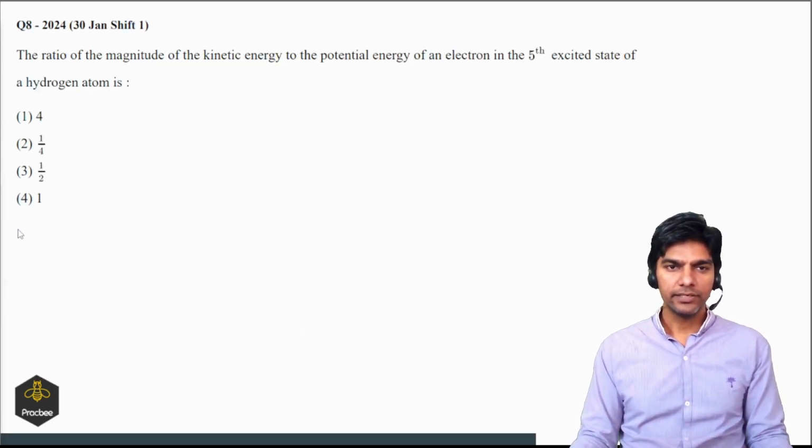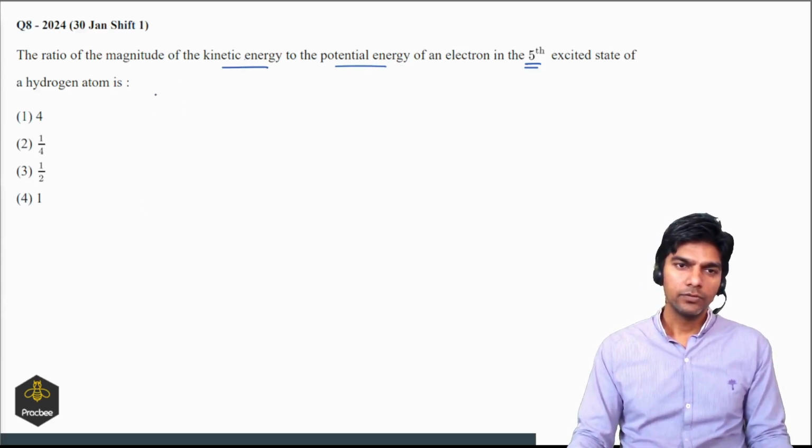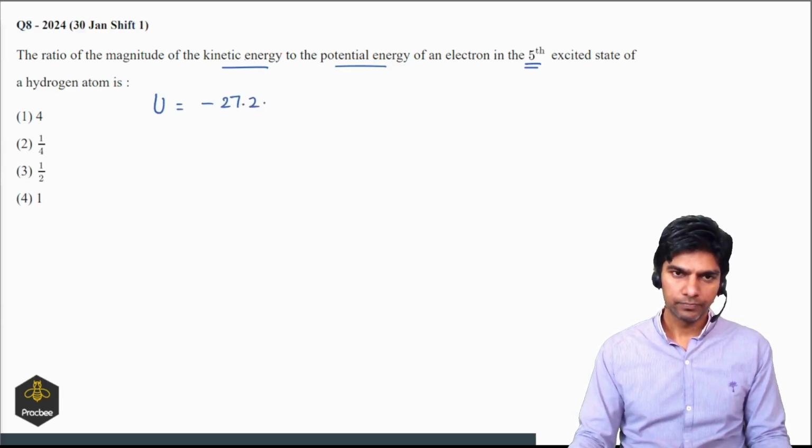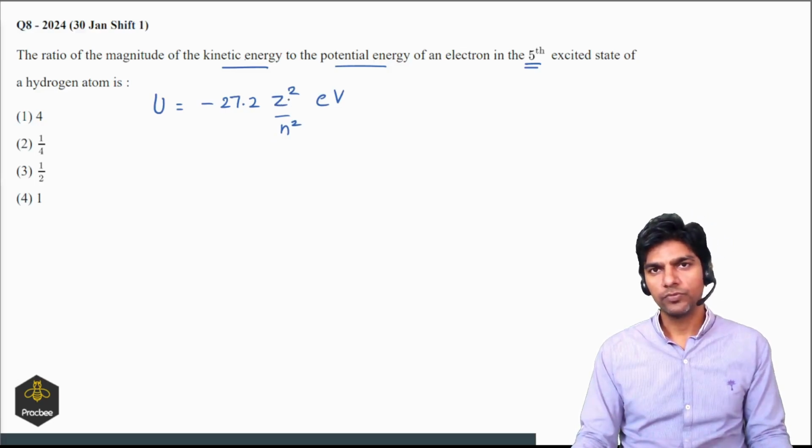Right, so let us see the next question. The ratio of the magnitude of kinetic energy to the potential energy of an electron in the fifth excited state of the hydrogen atom. So first we should know the formula of kinetic energy and the potential energy. Potential energy is given as minus 27.2 z square by n square electron volt, where z is the atomic number of the atom.